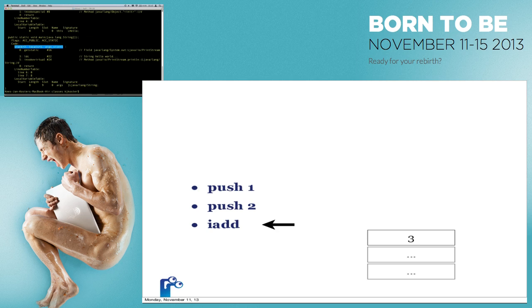So I told you that the verifier goes through your code and it checks a lot of things. One of the things it checks is that you stay within your own stack. When you declare a method in Java, the compiler will compute how many items on the stack you will need. And if you look at the bytecode, it's actually encoded as part of each method. This method uses 4 elements on the stack, this one uses 10, this one uses near 0, et cetera.